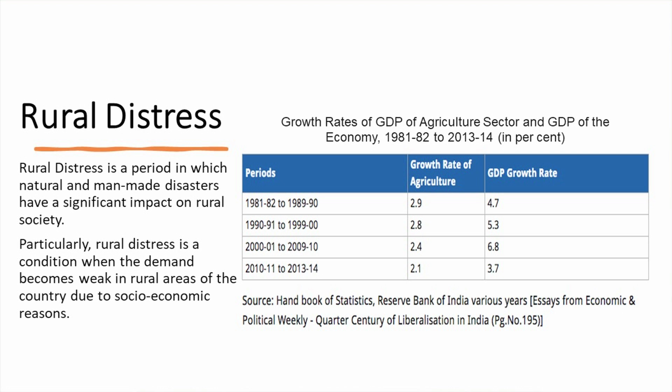Rural distress is a period in which natural and man-made disasters have significant impact on the rural society. So, it is a phenomenon or a process which occurs with the happening of a lot of events all together in the rural area. Maybe it is a man-made reason or it is a natural reason.